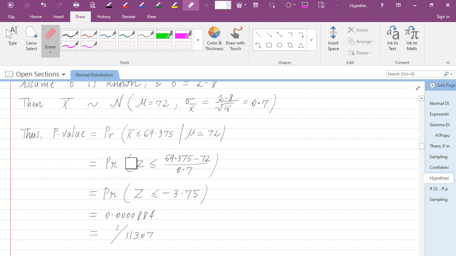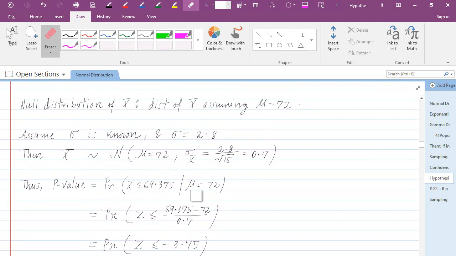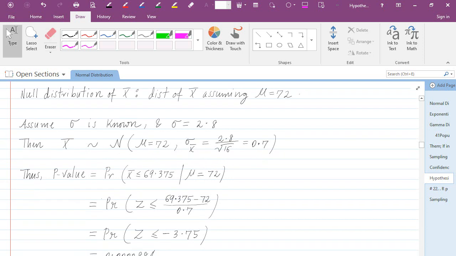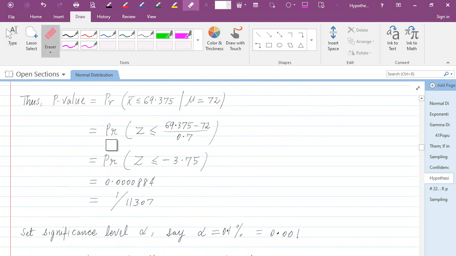So the probability that Z is less than, from 69.375, remembering that we assume the mean is 72 so X bar has a normal distribution with these two parameters, we subtract 72 and then divide by the standard deviation.